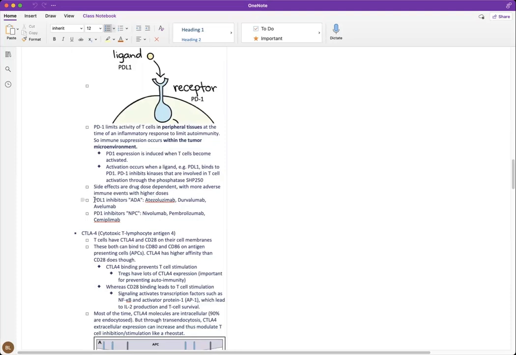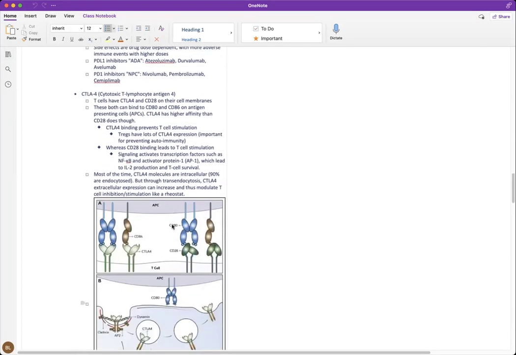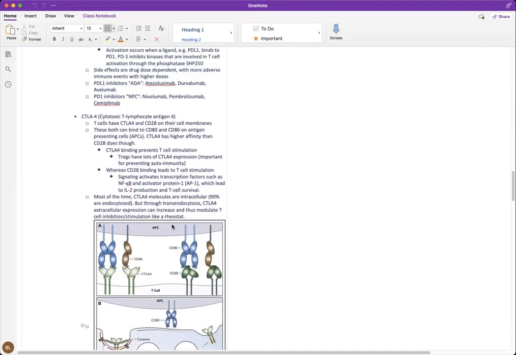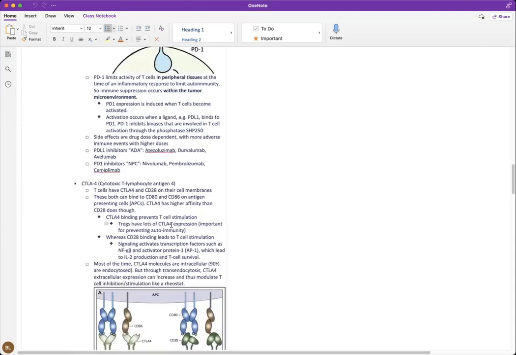Here I have PD-L1, so ADA, and then PD-1 inhibitors, NPC. It's so annoying when you see a question and you know it's immunotherapy, but then it's asking you, is it PD-1 or PD-L1? It's like, why does it really matter? But they love asking that.